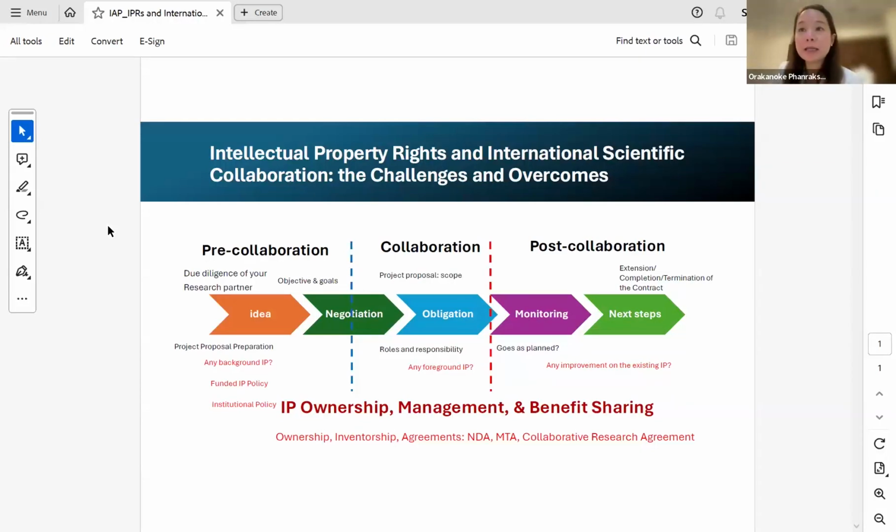If that is the case, do you have the right to work on top of such a joint project? So what I would like to address at the bottom of this slide is the issue of ownership. That is the most critical part, because it will tell you, your institution, your own lab, whether you have the right to do what, right?